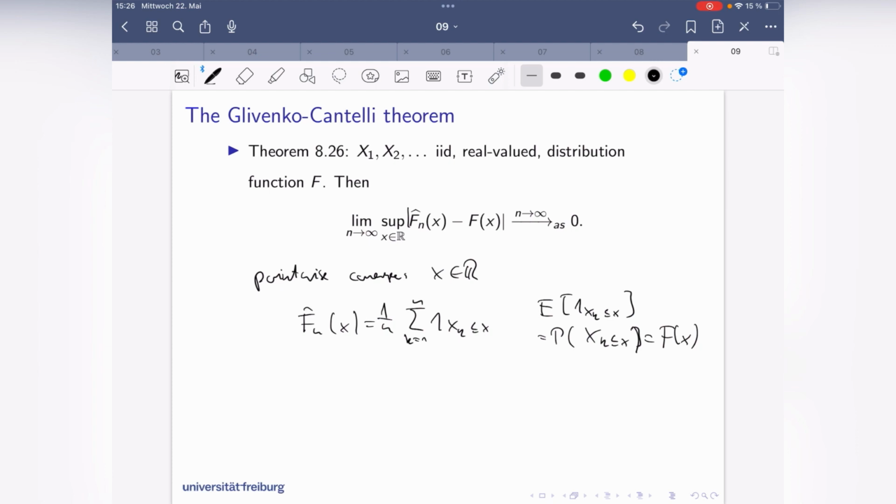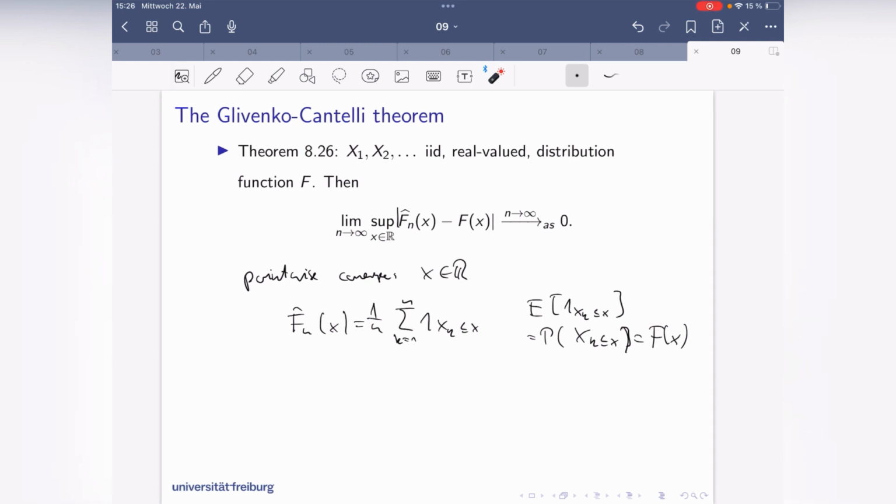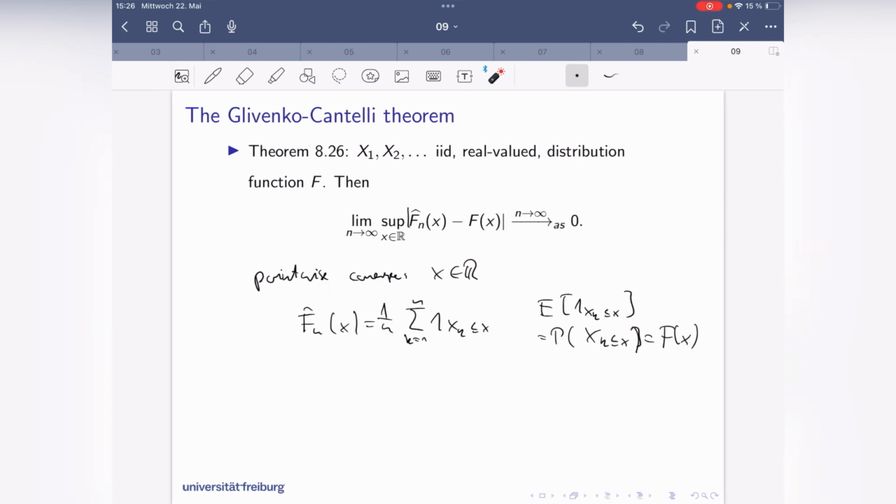So what is written here in the result is an expectation. It's an expectation of this here, which arises also in the first term here. Yeah, and then that's only an application of the strong law of large numbers. I mean, here for pointwise convergence, because the mean value of these converges to the expectation, which is exactly this here.